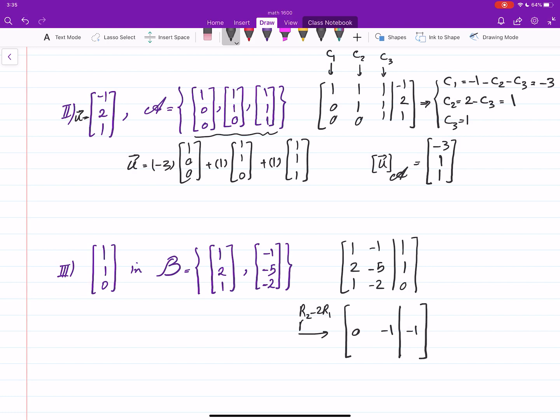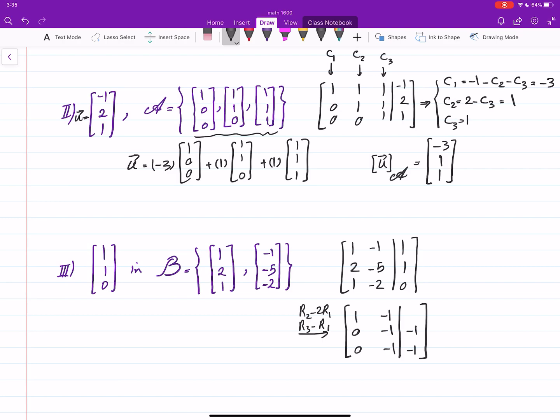How about this one? R3 minus R1. So this will be 0. Negative 1 plus negative 2 plus 1, and this will be negative 1, and 0 minus 1 is negative 1.